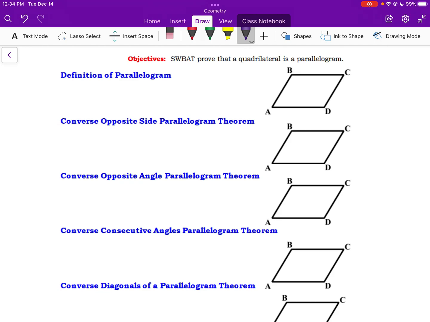First of all, let's revisit the definition of a parallelogram. If both pairs of opposite sides are parallel to the corresponding opposite side, then it is a parallelogram.